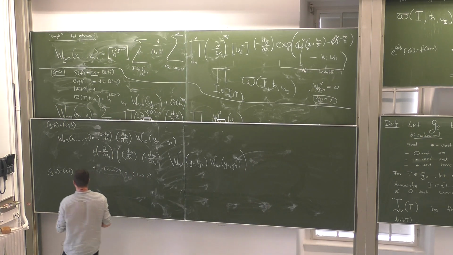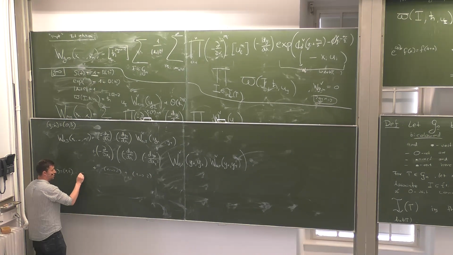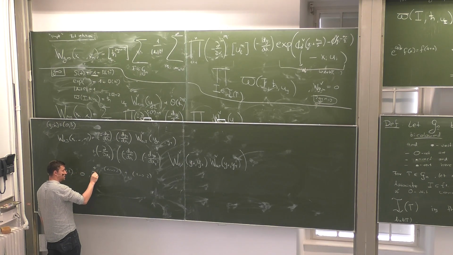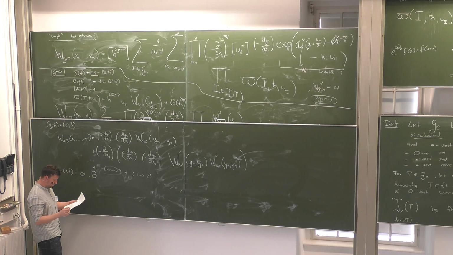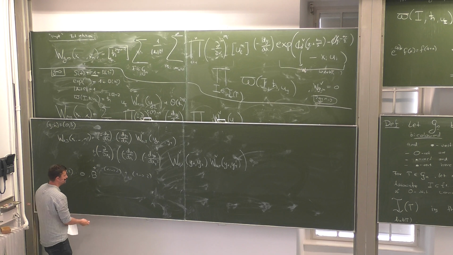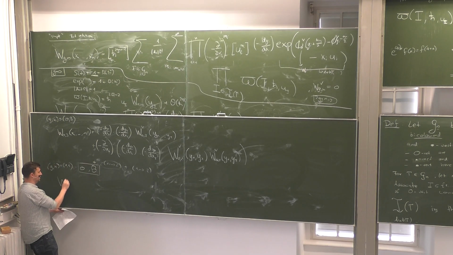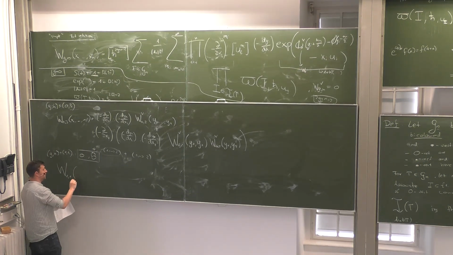Also, the graphs which contribute are just the circle, just this graph where we have this circle vertex, this one, and I think that's it. So these two graphs contribute.